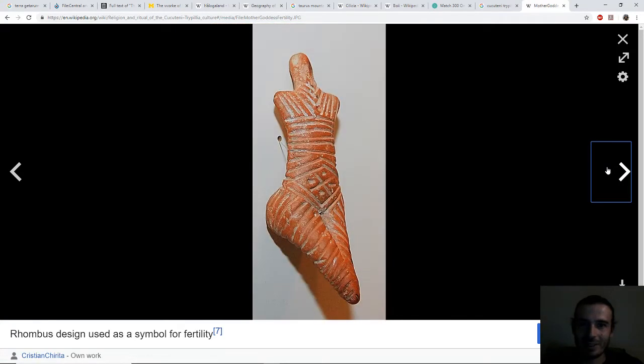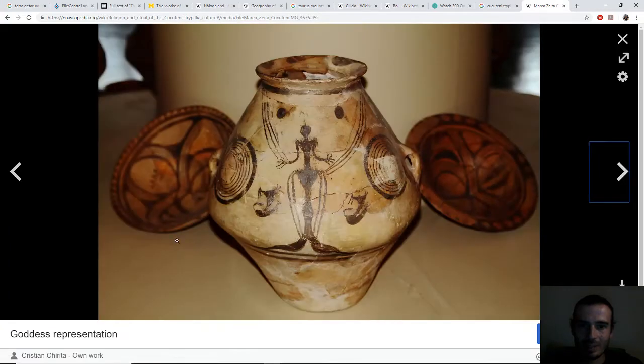That's crazy. Again, where are the arms at? There's the arms. That is so trippy. One, two, three, four. Their fingers are like branches.